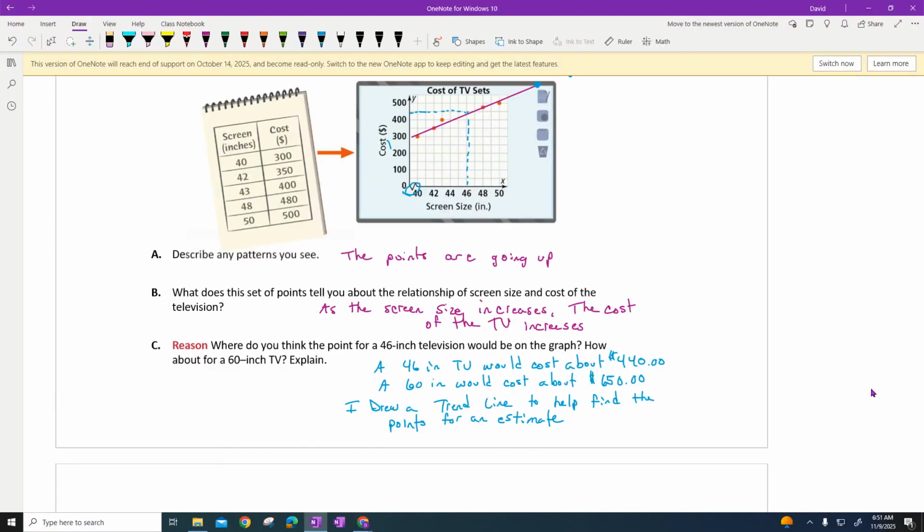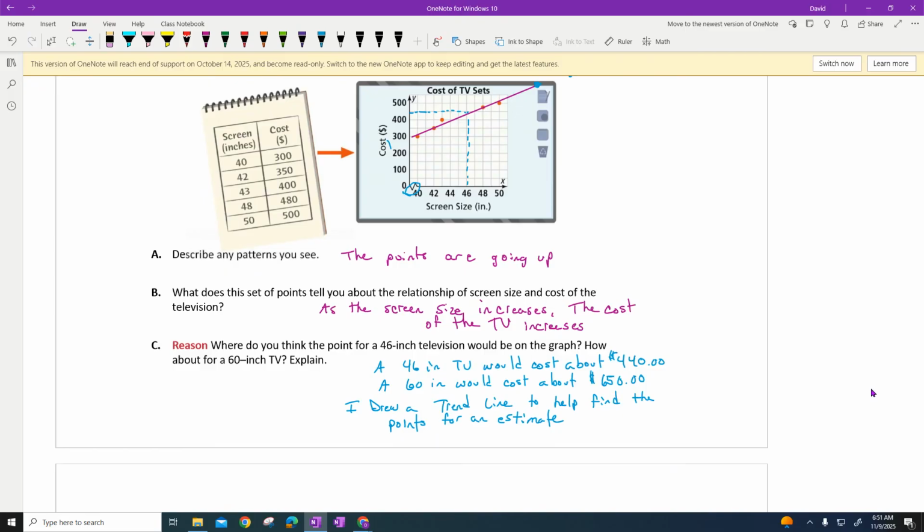As the screen size increases, so I'm saying what my x-axis is doing, and there's my label. As this increases, and that's the way it's always going to start out, your x-axis is always going to be increasing. Then you say what the y-axis is doing. The cost of the TV increases. So there's the cost, there it is in my label, and I said what it does.